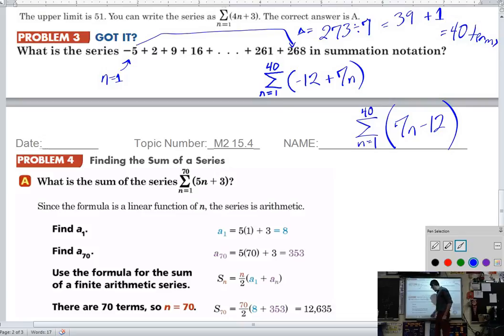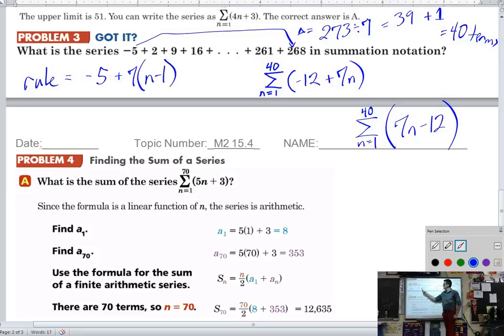If I wanted to use -5, this rule would actually be -5 plus 7 times n minus 1, because I didn't add the 7 to get term 1. I was at -5 to get term 1. So then, if I distribute this to simplify, it becomes 7n and -7, and that -7 takes your -5 down to -12. It's the same thing, just simplified.